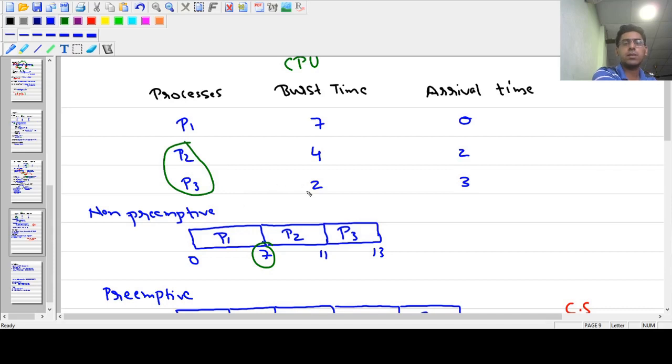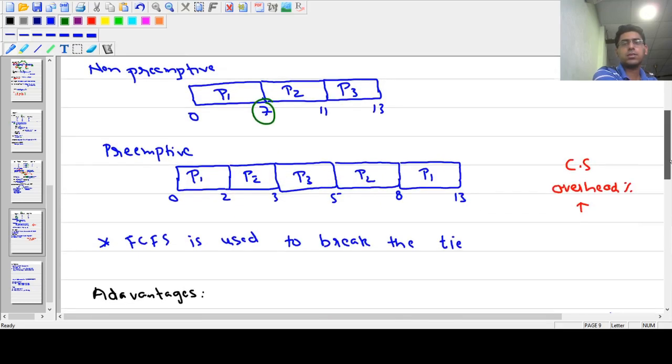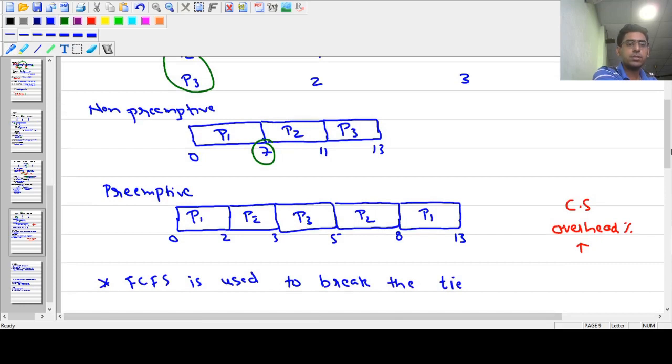I will clear this out, whether P2 should be executed or P3 should be executed. I have a doubt here, because we should make a decision depending upon the... I will let you know in the next lecture.